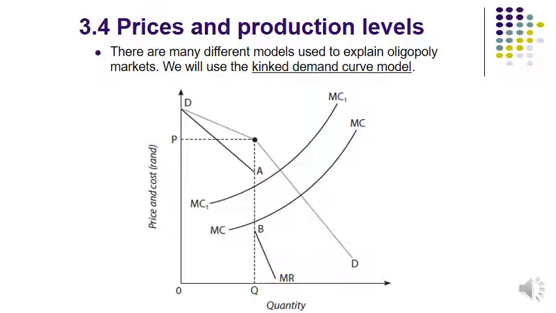As I've said to you, the firms are mutually dependent, meaning they look at one another. So our equilibrium price, if you are asked to analyze a graph, will always be where the kink occurs. At higher prices, it's more elastic, meaning if one of the firms increases its price above the market price of P, not many customers will follow that business and keep buying from them.